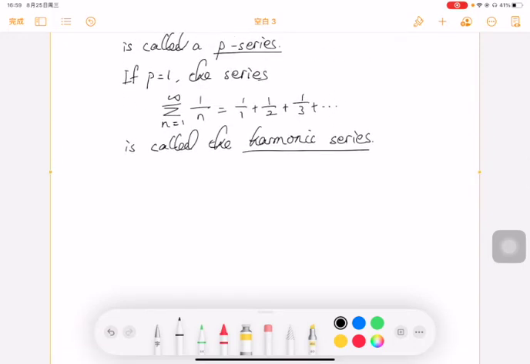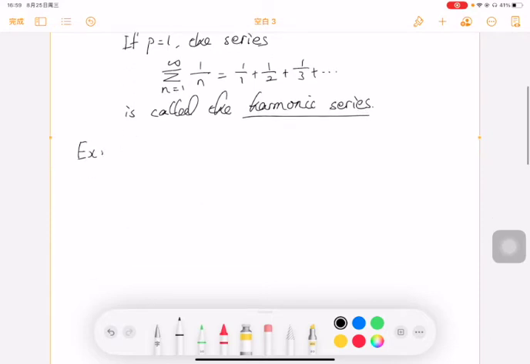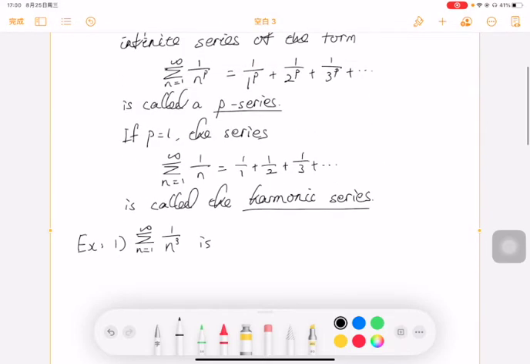Let me give you a couple examples. The sum of 1 over n cubed. If you go back to the formula of P-series, then this is obviously a P-series with p equals 3.